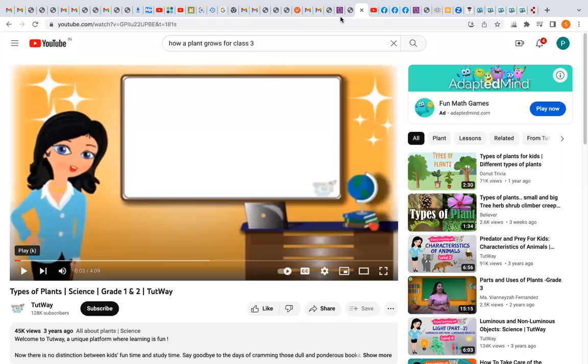Can you see the screen, Tuhin? Tuhin, is the screen visible, beta?